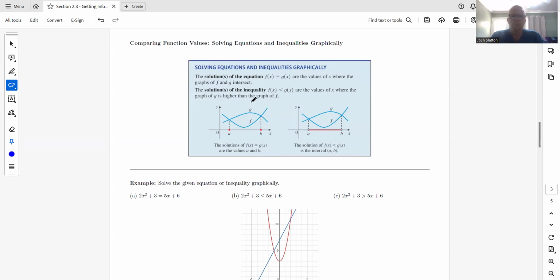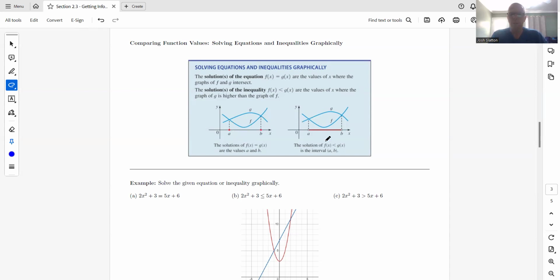So the solution to the equation f of x equals g of x is where the graphs intersect, and that seems pretty obvious. The solutions of the inequality, say f of x is less than g of x, this is where the graph of g, because g is greater than f, the graph of g is higher than f. So in this case, for the equality, they intersect at A, they intersect at B, so those would be the solutions to that equation, f of x equals g of x.